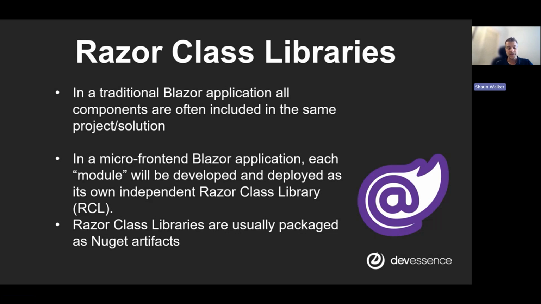So they'll be their own distinct solution with perhaps at least a client project. They may have other projects that are part of them as well. And that all makes up your Razor class library. Your Razor class libraries are usually packaged independently as well, and they're usually packaged as NuGet artifacts, in the standard way that anything is packaged as part of .NET.